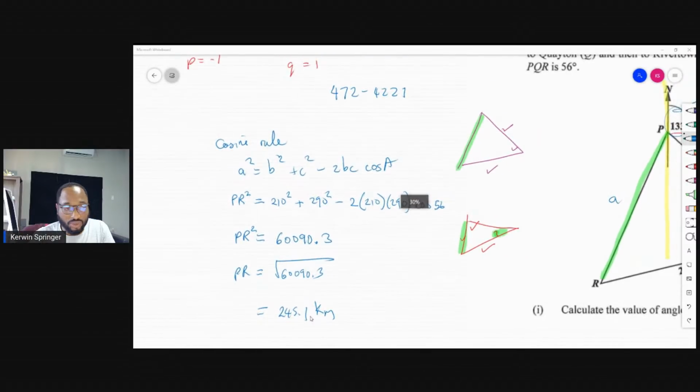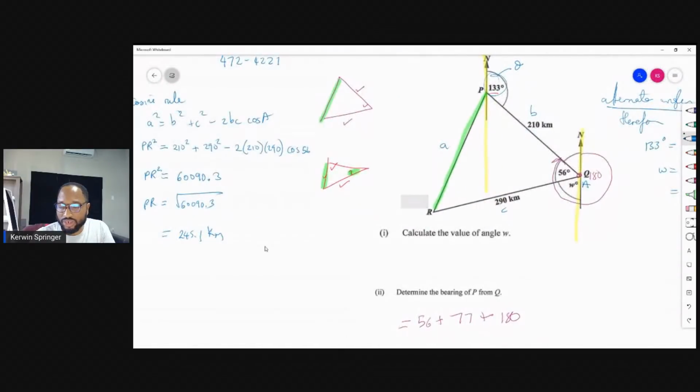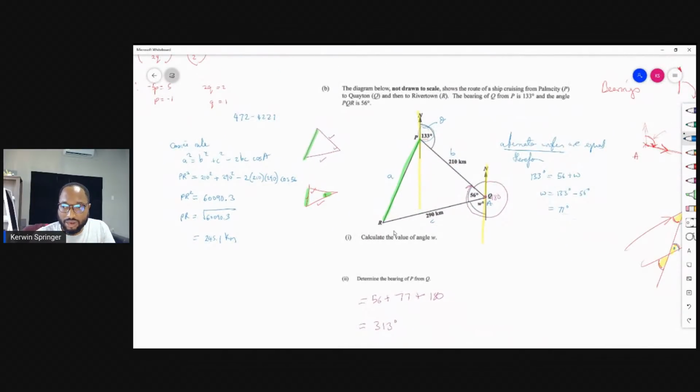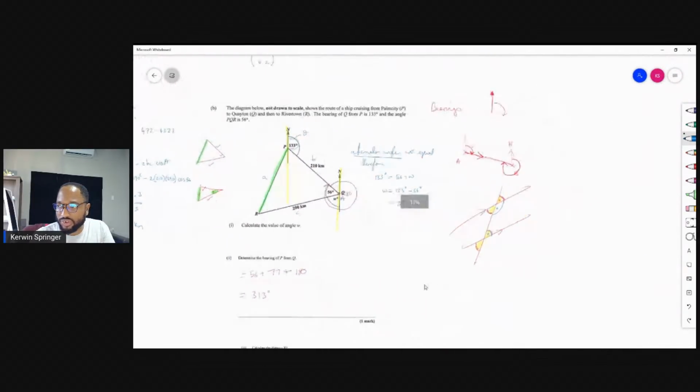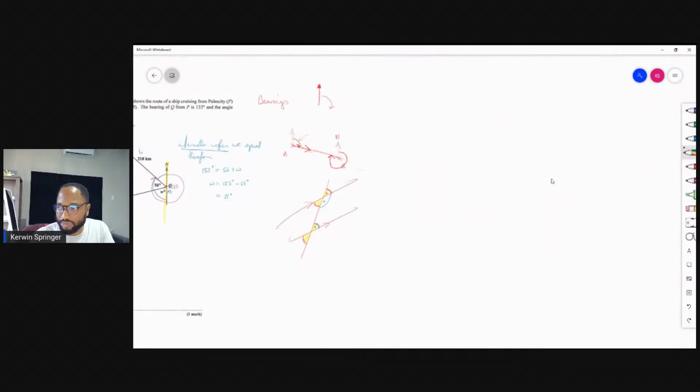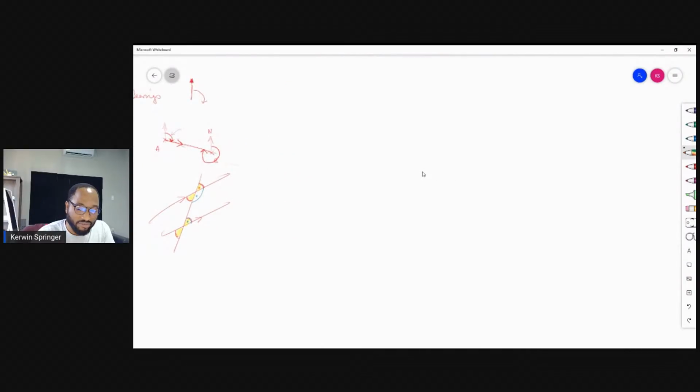Okay, so that's the cosine rule there. This is how bearings go down, and you can look up the topic bearings. So let me just do a little recap for those of you who are about to do the exam on Tuesday, so you could center yourself in terms of what topics can come.